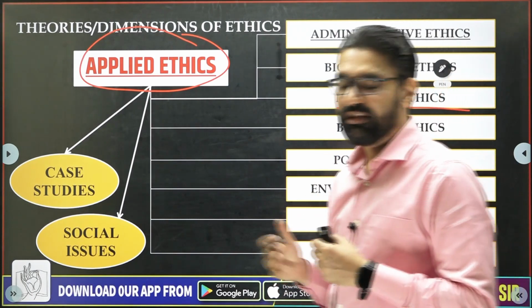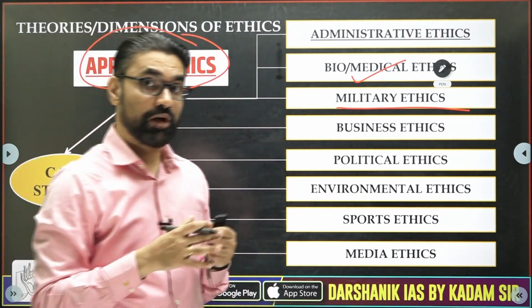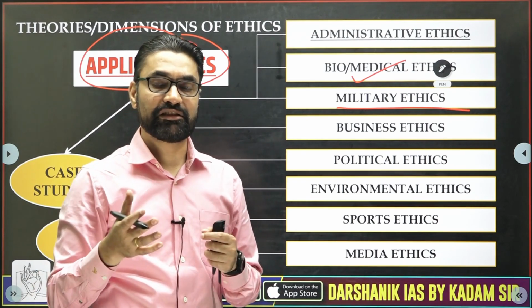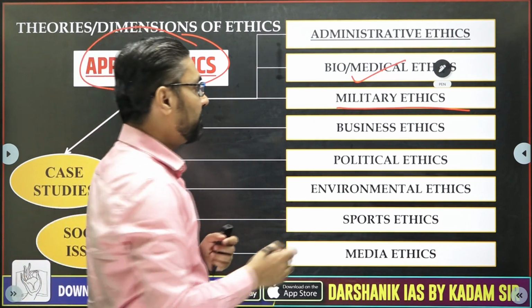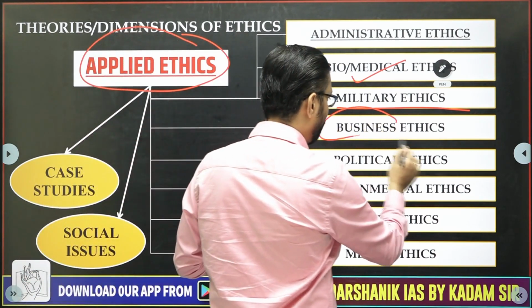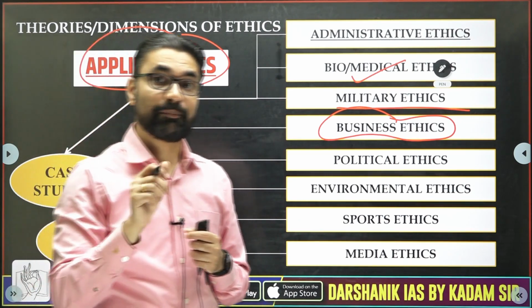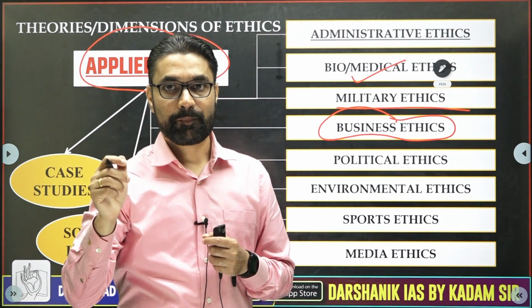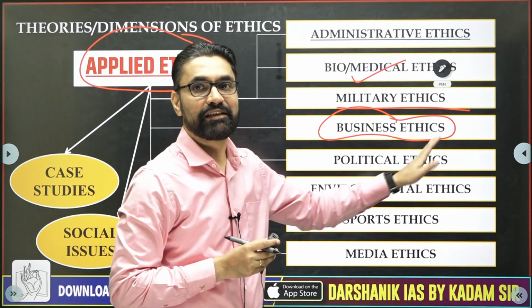Then there is military ethics: the application of ethics, or why it is important for a military to be ethical. What are the basic norms that the military or any policing or paramilitary organization should stand by? Then there is a topic called business ethics. This is very important, especially because your syllabus also exclusively mentions the topic corporate governance, which is also known as business ethics.